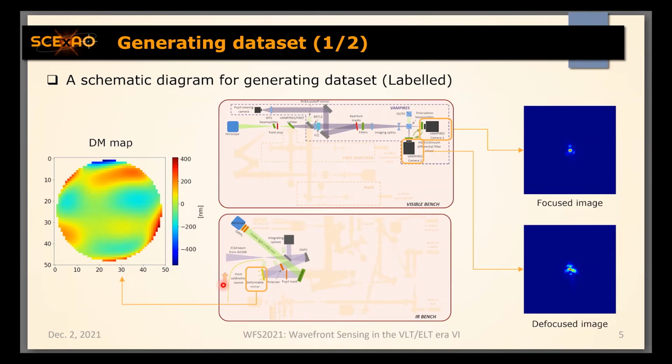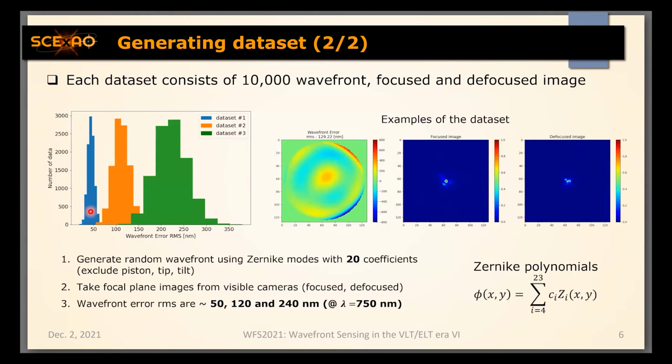I introduced a random phase map on the DM and recorded the focal plane images from the visible cameras. I made 3 data sets with different wavefront error regimes for comparison. Each data set consists of 10,000 sets of the wavefront map, focused and defocused images.